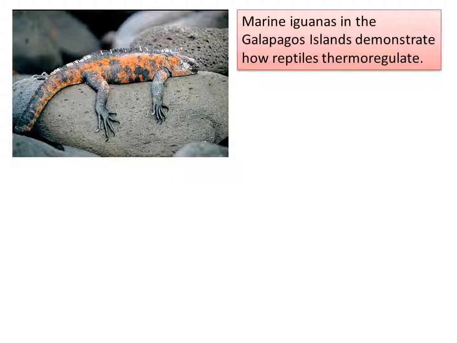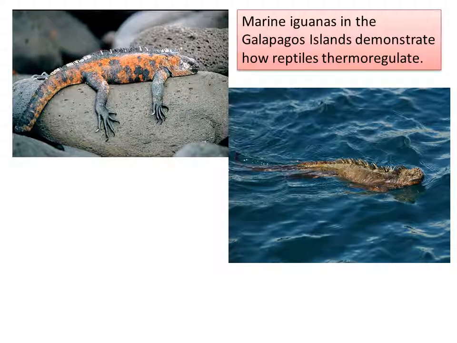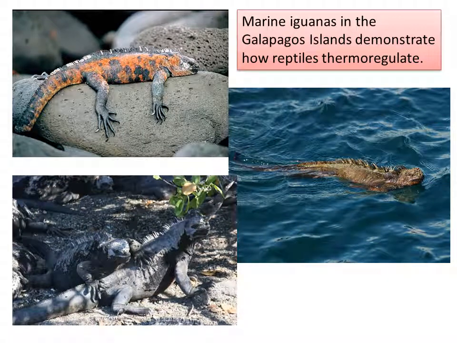So these marine iguanas warm themselves up as much as they can by sunbathing on warm stones, and then they dive into the sea, feed for as long as possible, and as their temperature gets down to the point where they can no longer really operate, they surface and then go back up onto the rocks and so on. So they actually regulate their temperature by their behaviour. Here we've got some of these swimming, and then some other ones that are just sitting on the rocks.